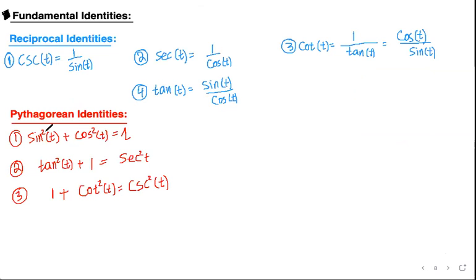What about if I use the first identity, the Pythagorean identity? Sine square plus cosine square equals 1. The cosine is given from the question. I need to find the sine. You can use the triangle, but I'm going to use the Pythagorean identity.